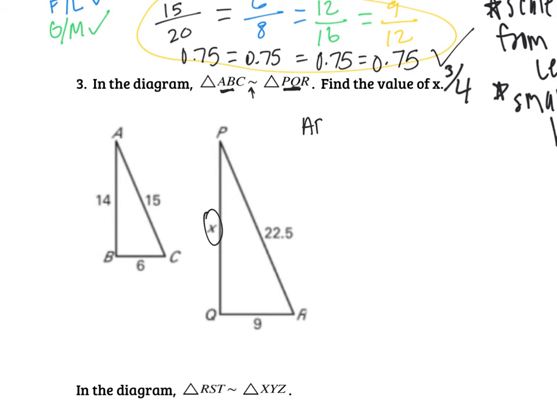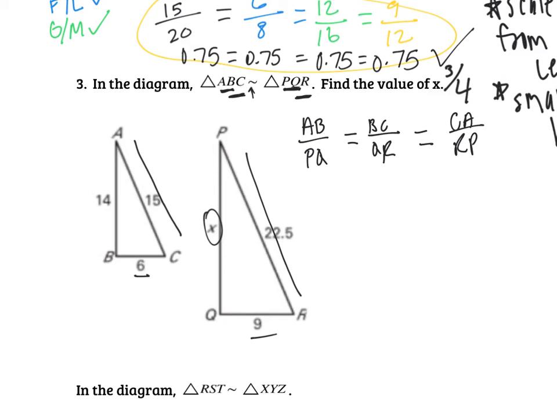So we have AB over PQ. And we know because they're similar that all proportions will be equal. Then BC would be partners with QR, again because of the naming. So that's BC and QR, which only leaves CA and RP. So CA and RP.